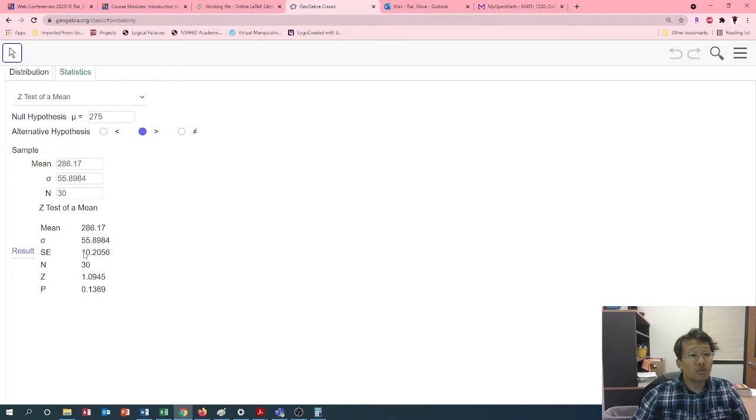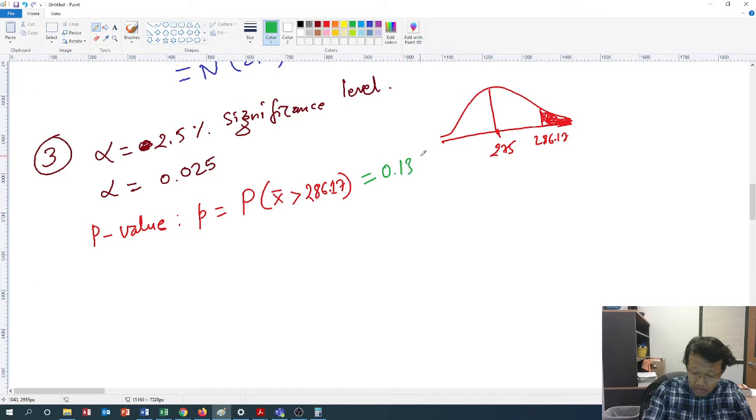You can see the mean is this much, standard deviation this much. This standard error we don't need right now. We need it only for coming up with a confidence interval. Then n is 30, the sample size. Z is the test statistic, which is 1.0945, and the p-value is 0.1369, which is approximately 13.69%.